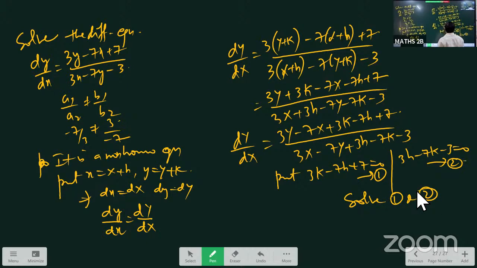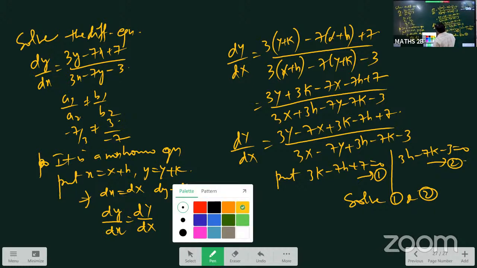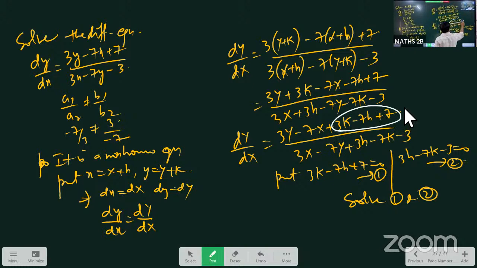Why are we keeping these equal to 0? If this part becomes 0 and this part becomes 0, automatically this will convert into a homogeneous equation. Once it is converted to homogeneous, again the same procedure as what we did in the previous two sums for homogeneous.